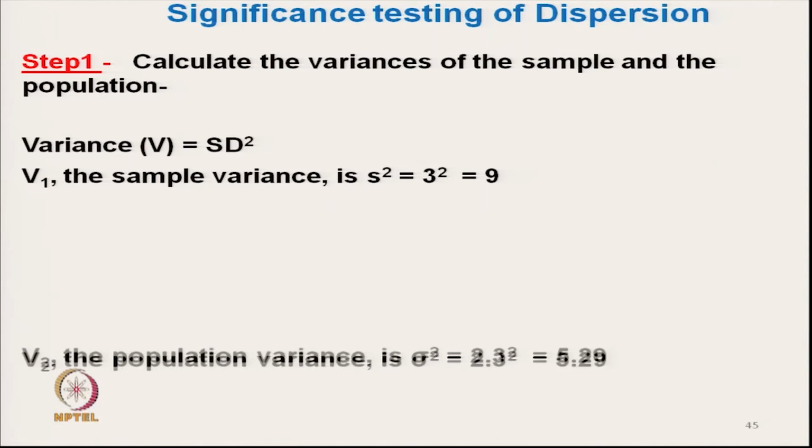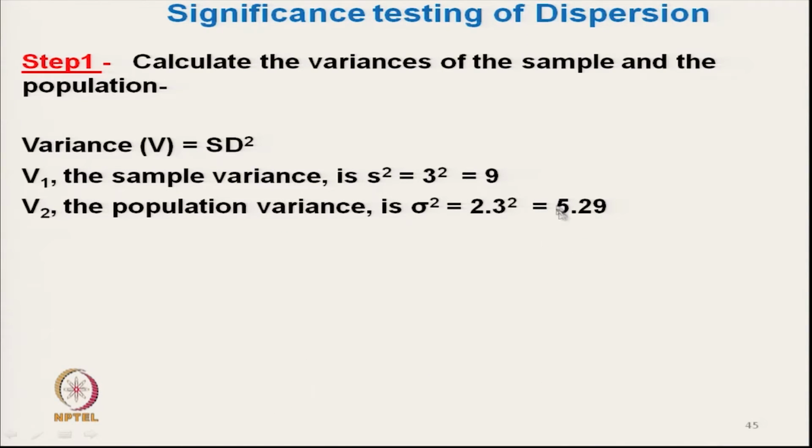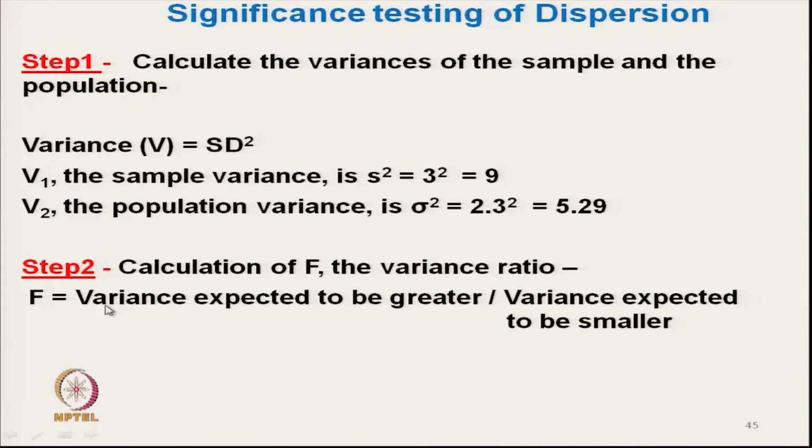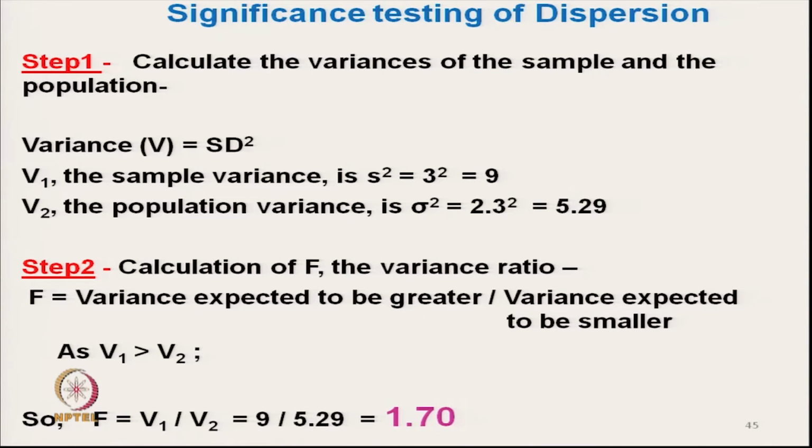And V2 is lower, 5.29, which is 2.3 square, the nominal standard deviation. Now, we simply take the ratio. So, F is the ratio of the greater variance V1 to the smaller one.